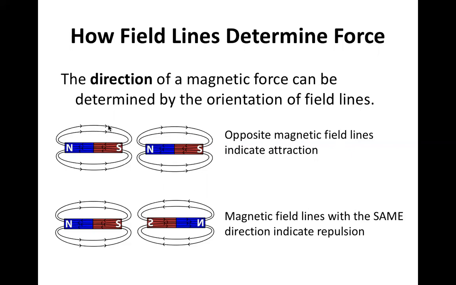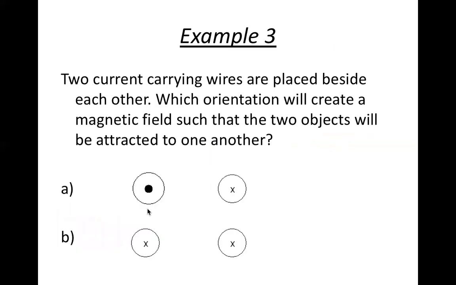So you see how this arrow is pointing down over here, and this one is pointing up. So toward south and away from north, they are opposite field line directions. That is attraction. And over here, you have magnetic field lines that are the same direction, indicating repulsion.